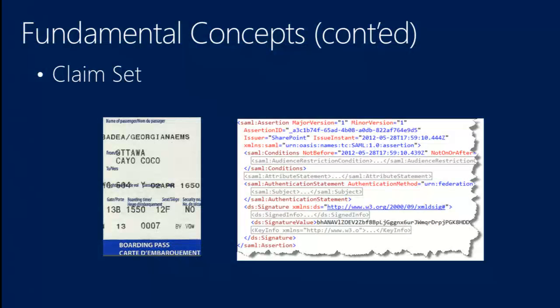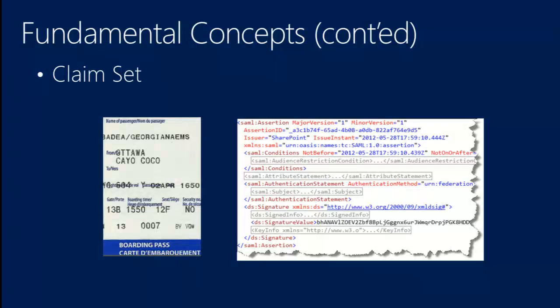As long as it has that magnetic strip on the back, then they know that it is trusted by the airline. So similarly, in the digital world, we can produce security tokens through different providers. As long as our application trusts those providers, then we can use them for authentication and authorization.